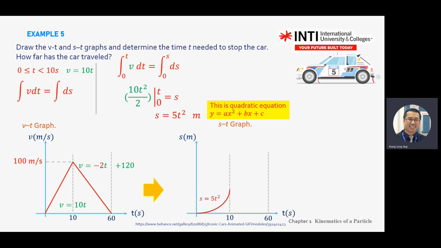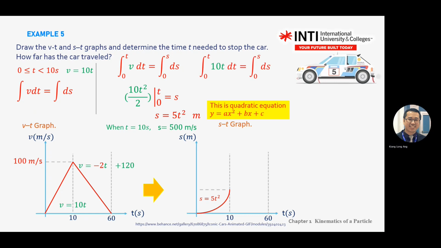Then what do you get? 500, here 500. Right. Okay, at t equal to 10, s is 500, so you mark 500 here. Another side, you look at this side. Forget about this equation for now.